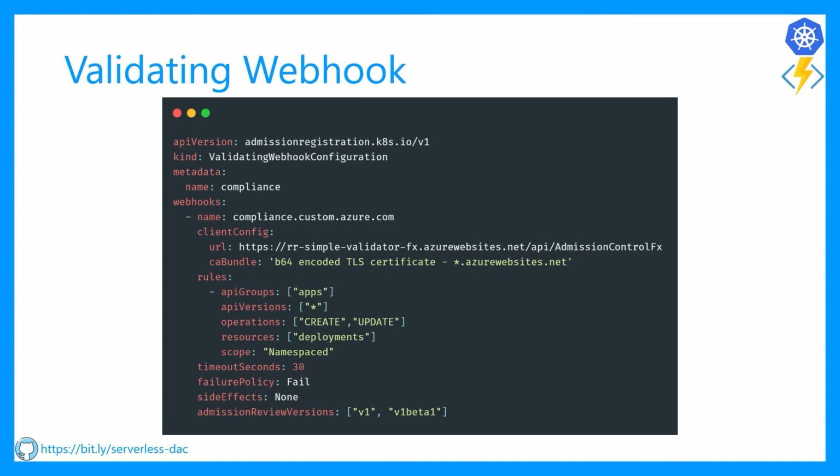Finally, the admission review versions property specifies the versions of admission review request it can process, which can either be v1 or v1beta1, which is the same as the version of the configuration, and one older compatible version of the same configuration. Let's now deploy this configuration to our cluster.